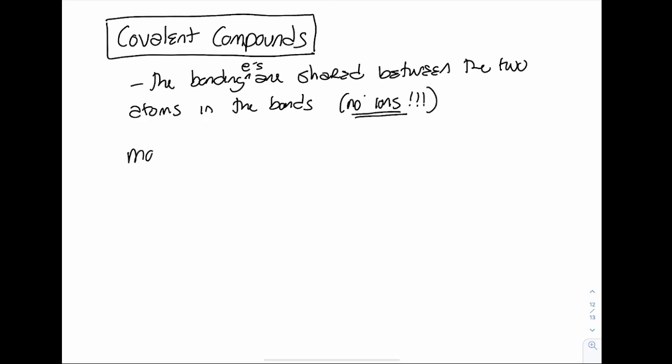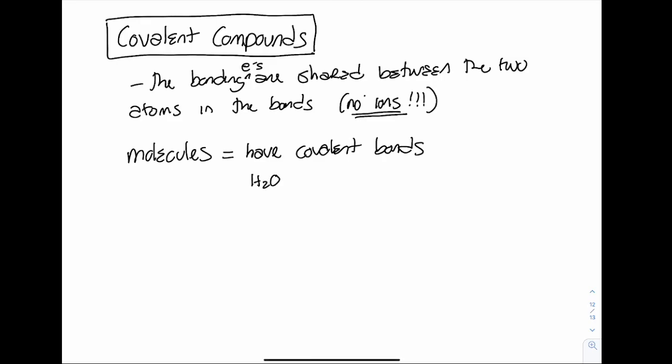I do want to add that molecules, just that term, because I use it a lot, are covalently bonded compounds. So molecules, these are going to have covalent bonds. So even something that's diatomic is technically not a compound because it's atoms of the same element, but there is a covalent bond between them. So we could call water a molecule.